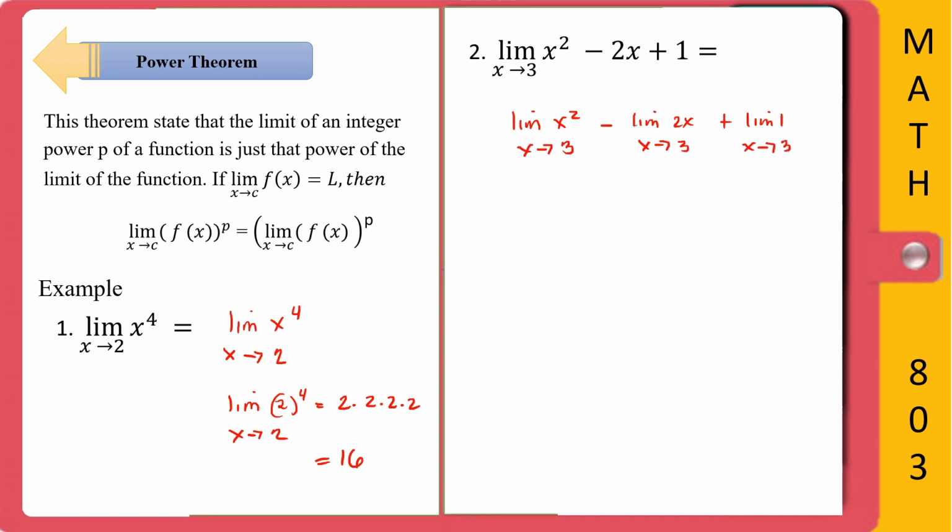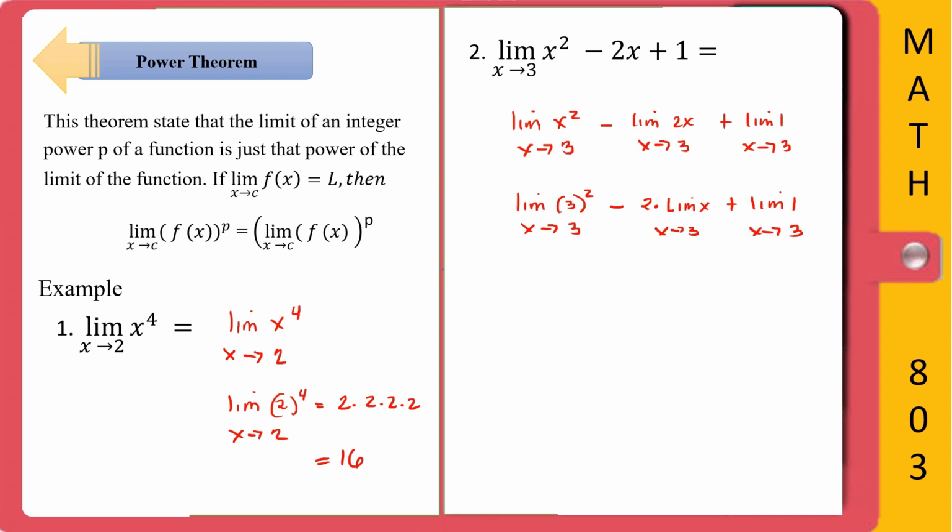Since this is the power theorem, we substitute the value of c into the variable x. So it becomes the limit of 3 squared as x approaches 3. Next, this will be a constant multiple theorem, so our k will be 2, multiplied by the limit of x as x approaches 3, plus the limit of 1 as x approaches 3.